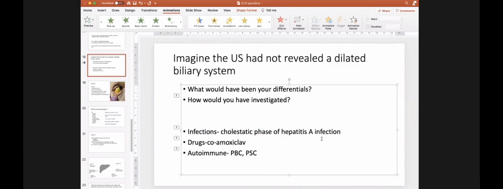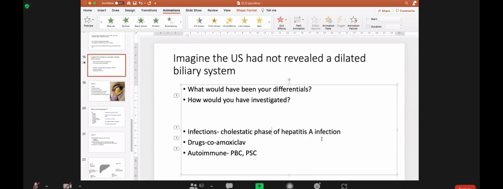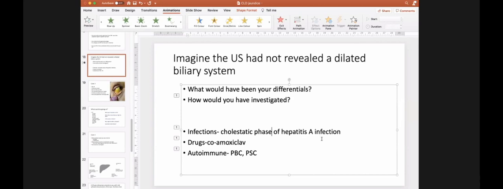So when you're thinking of the cause of intrahepatic cholestasis, you can think of infections, drugs, autoimmune. Those are the common etiologies. When you're thinking of glomerulonephritis, again, infections, drugs, autoimmune are the causes you think of. When you're thinking of thrombocytopenia, again, it's the same thing. So you can use that pathological sieve to think of the different causes.